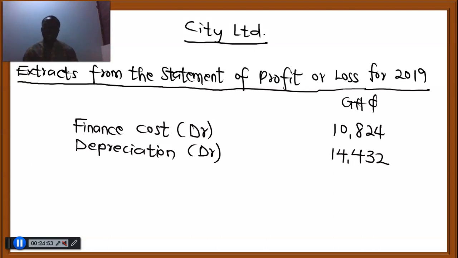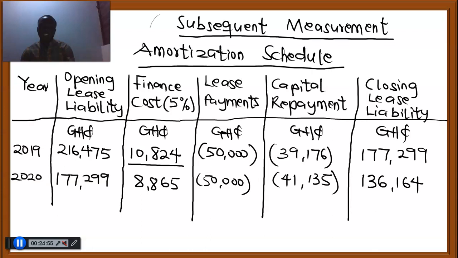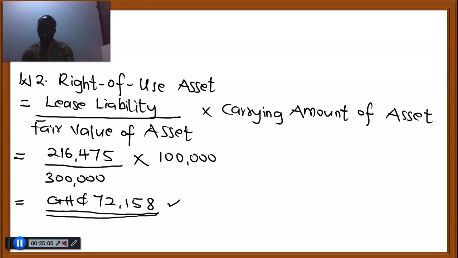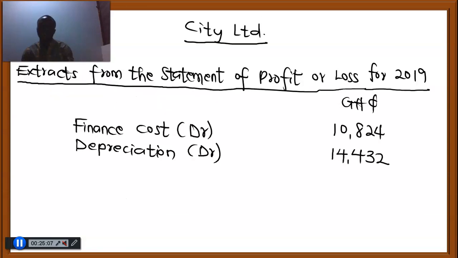And then when we were doing the journal, we realized we had a gain on transfer of 55,683. This is a gain, so we go and recognize it in the statement of profit or loss. So gain on transfer of rights.